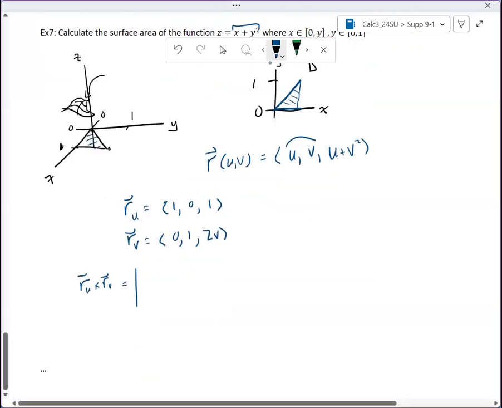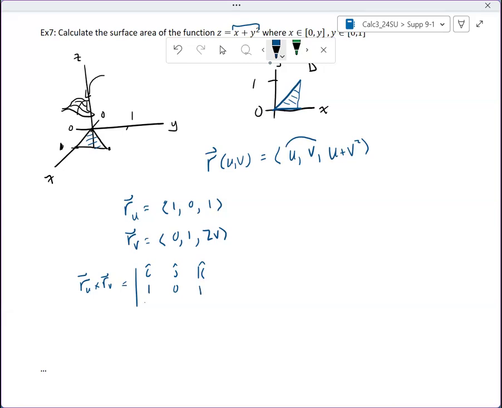r_u cross r_v. Well, my first component, my i hat component, i hat times 0 times 2v minus i hat times 1, that's a minus 1. j hat times 1 times 0, 0, minus j hat times 1 times 2v.